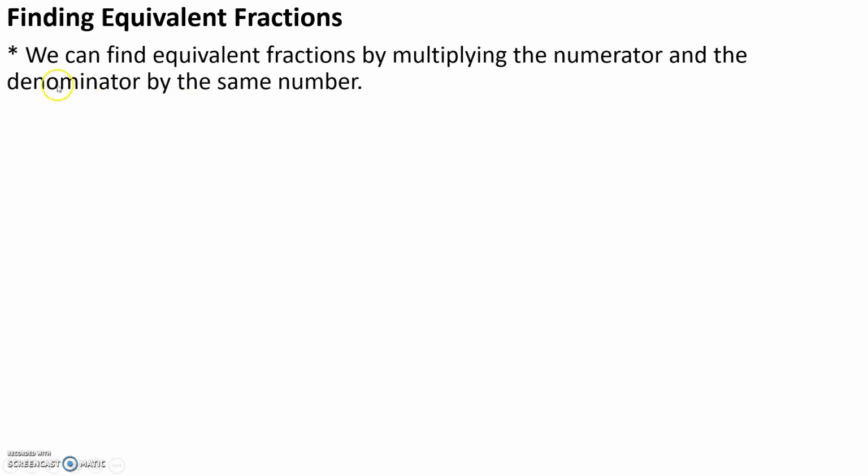First, we can find equivalent fractions by multiplying the numerator and the denominator by the same number, which is, for example, 1 into 2 is equal to 2 upon 2 into 2 is equal to 2 upon 4. Right? So these are the equivalent. So 1 upon 2 and 2 upon 4. These are the equivalent fractions.